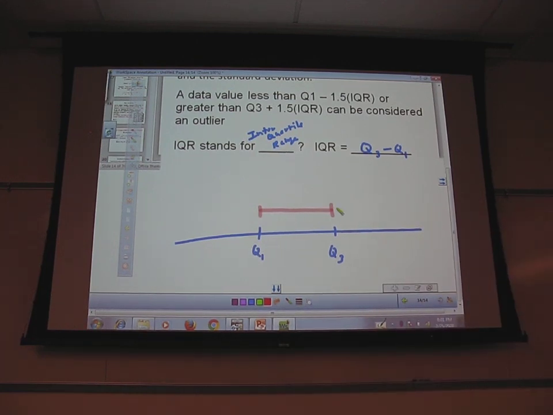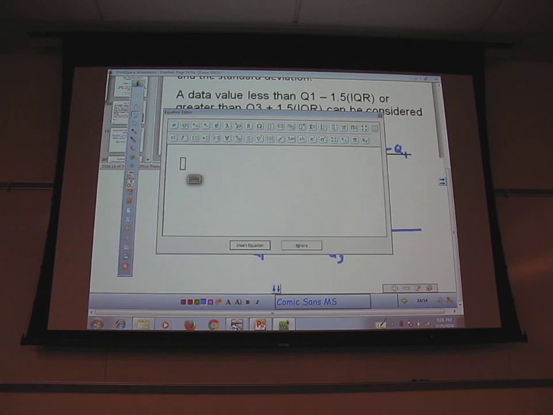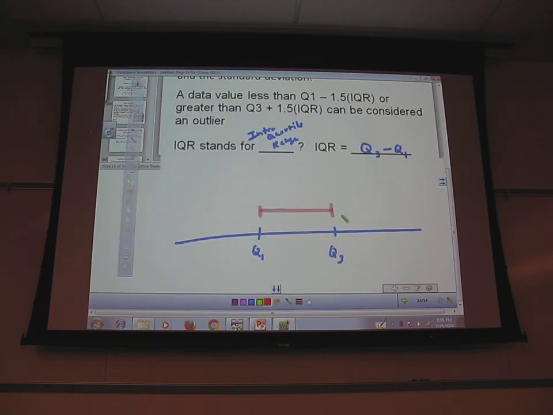It's not quite 1.5 there, sorry. I'm drawing bad lines.